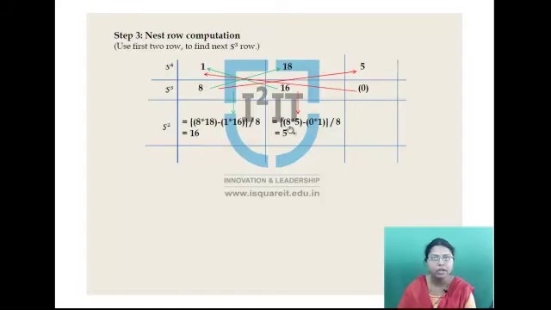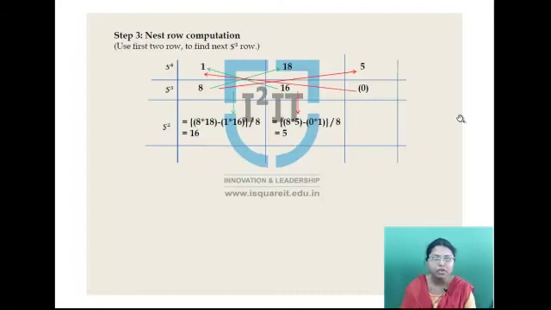So we have 8 into 5, 40, minus 0 into 1, 0, means 40 minus 0 is 40, and divided by 8, it comes out to be 5. So now we have the elements in the first and second column of s² as 16 and 5 respectively. And these 16 and 5 are determined by the diagonal multiplication.